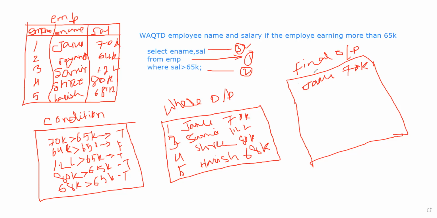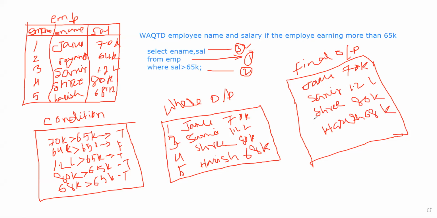E-name and salary only. I don't need to execute the employee number. I just want to display name and salary. Then Janu, Samir 1.2 lakh, Sri 80K, and Harish 68K. This is the final output.